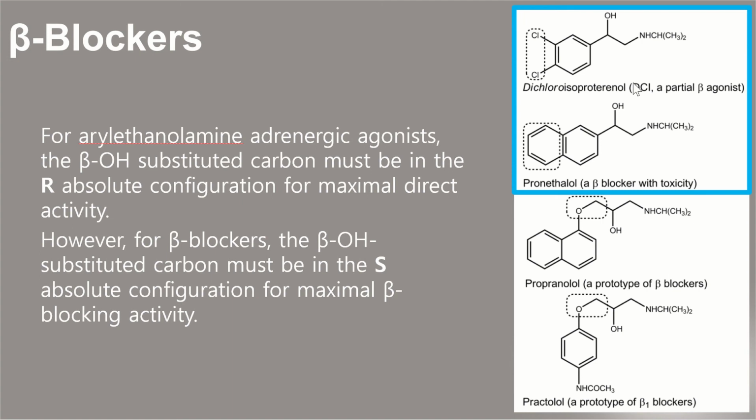Here clearly we can see our aryl ethanol amines, and below we have our isopropanol amines. So let's break down these classes and learn the differences. For these types of structures, for the hydroxyl to have blocking activity, the configuration needs to be S.